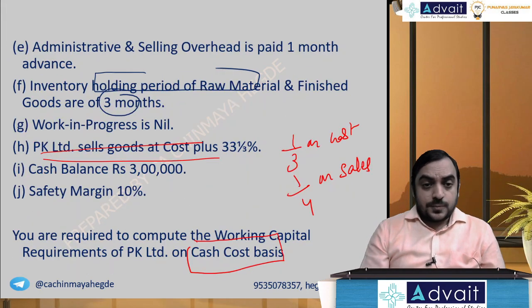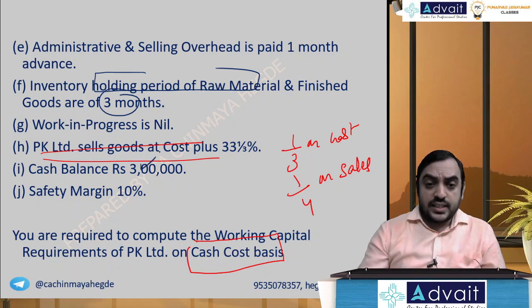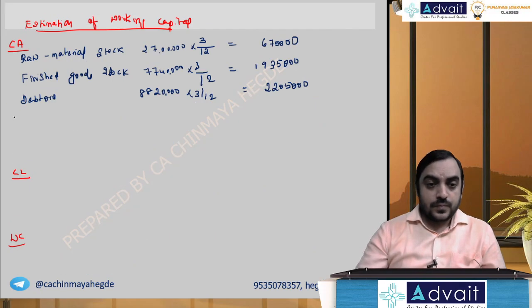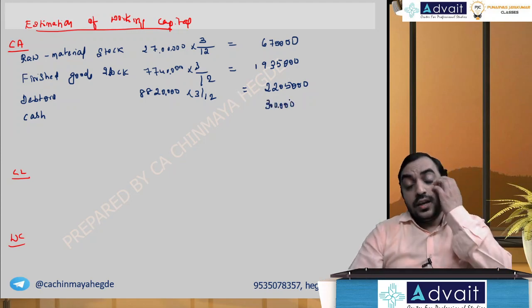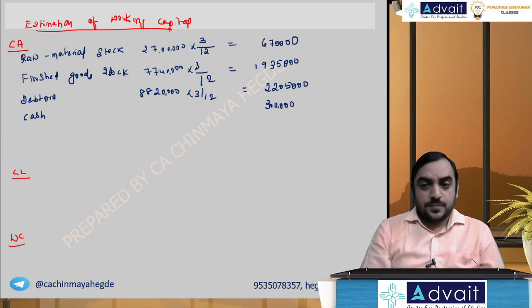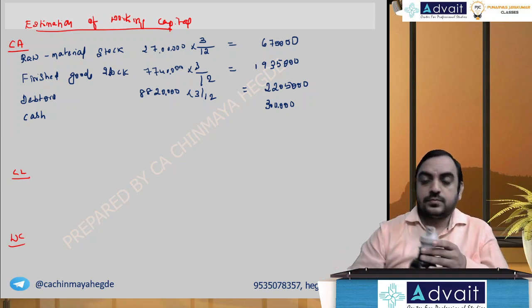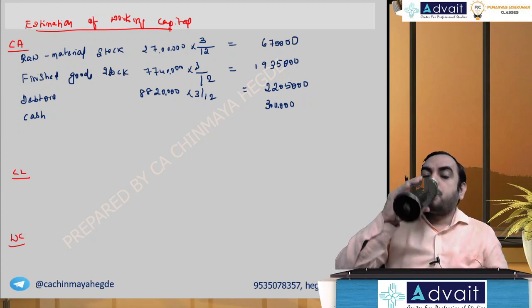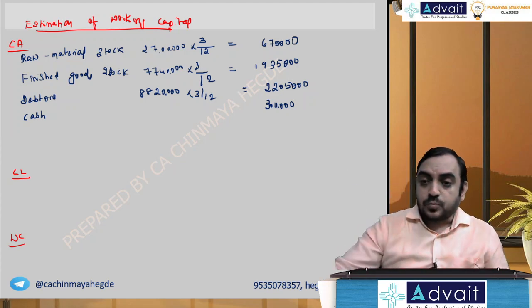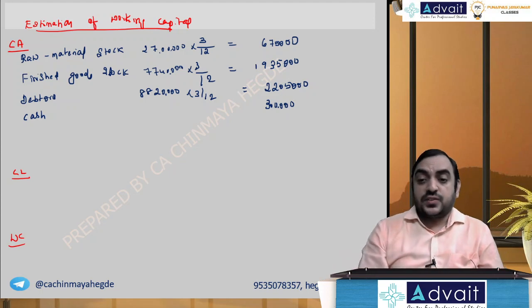Any other assets? Cash balance, they said 3 lakh. Cash balance 3 lakh. Okay. Any other assets? What do you think? We have prepaid expense.